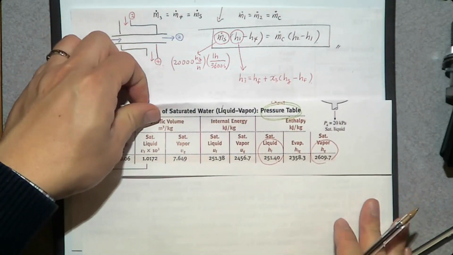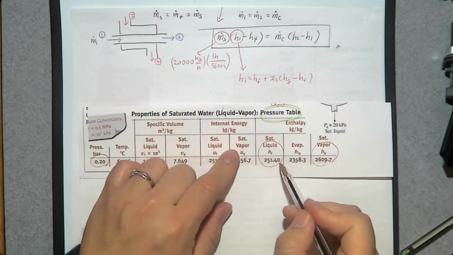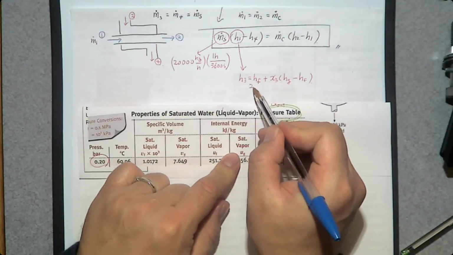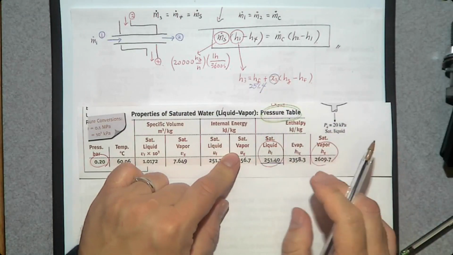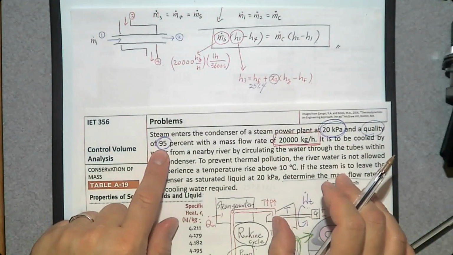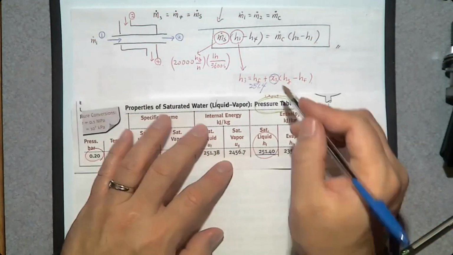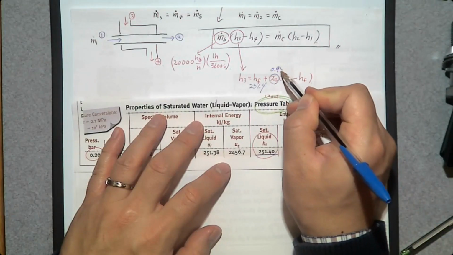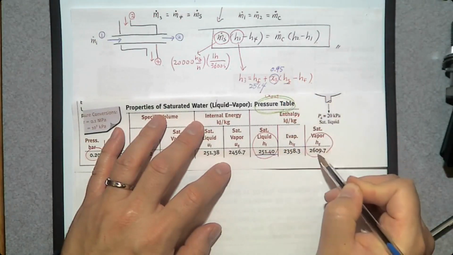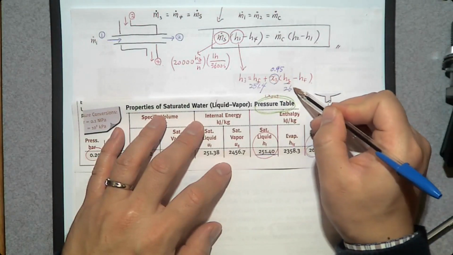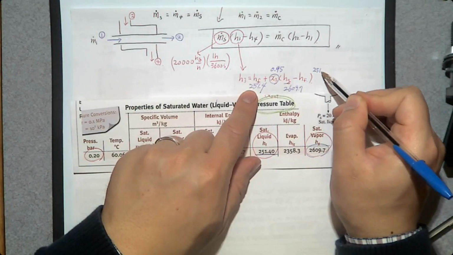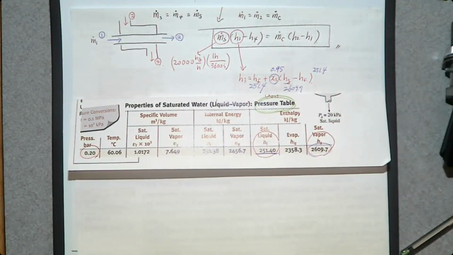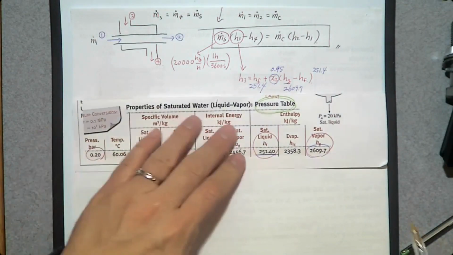So I'm going to write these numbers in this equation. This is Hf, 251.4. What is the quality x? 95%, so 0.95 times Hg, 2609.7, minus Hf, again 251.4. So we have everything. Can you determine H3? Yes, it is 2491.8.